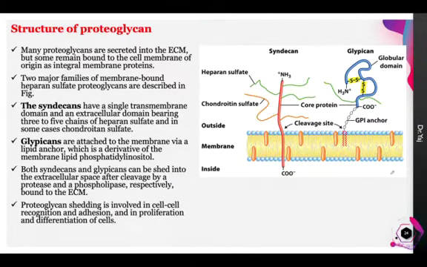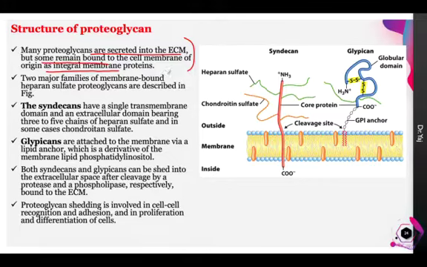Now we come to another specific structural aspect of proteoglycan. We have talked about this in lecture 2, that many proteoglycans are secreted into the extracellular matrix, but some remain bound to the cell membrane as integral membrane proteins.